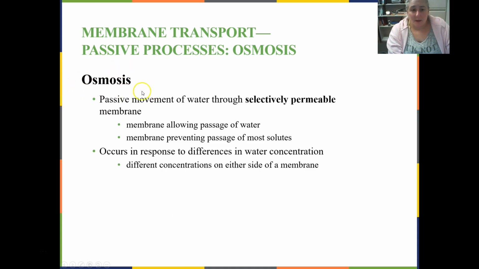The third type of passive transport is osmosis. Osmosis is a form of diffusion, but now we're moving water through a selectively permeable membrane. Water can move two different ways through the plasma membrane.